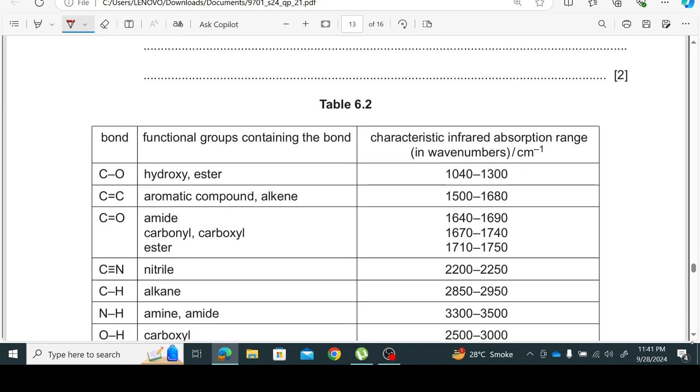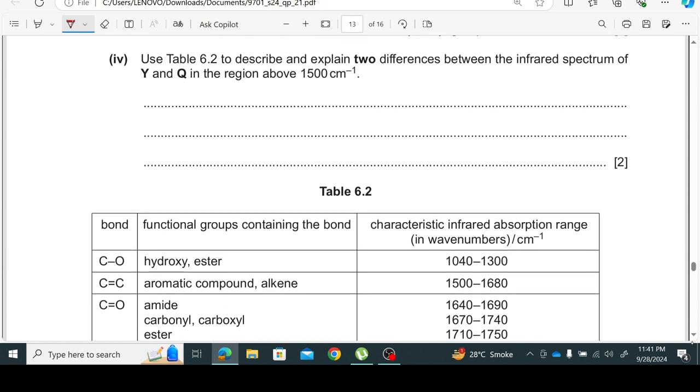In your Y molecule, you have carbon double bond oxygen, a ketone group. And what is the carbonyl value given?